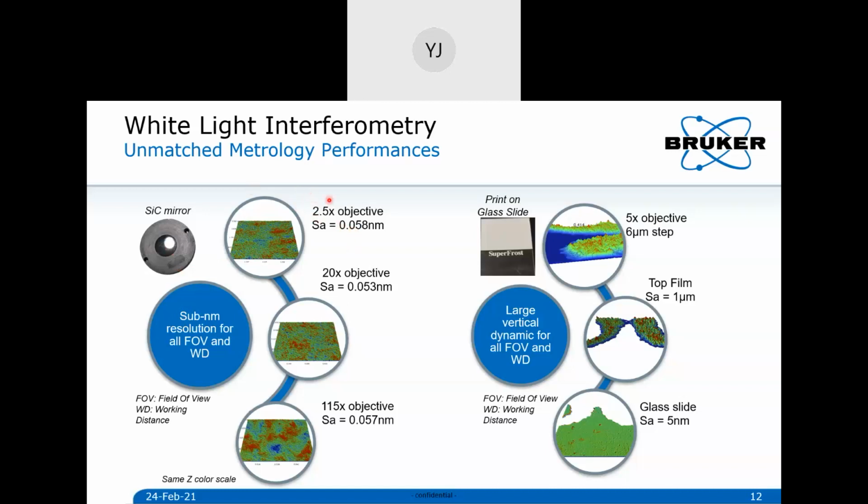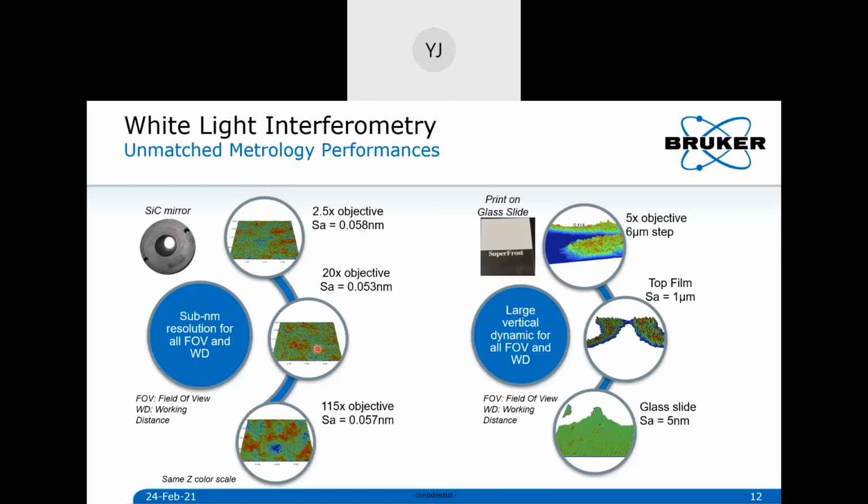You go from a 2.5x to a 115x objective, and you can see the 3D roughness you measure is very consistent, right? No matter how you change the field of view, going from several millimeters by millimeters to a few tens of microns by tens of microns, the roughness you measure is consistent across the entire range, right? Another thing we talk about is the dynamic range.